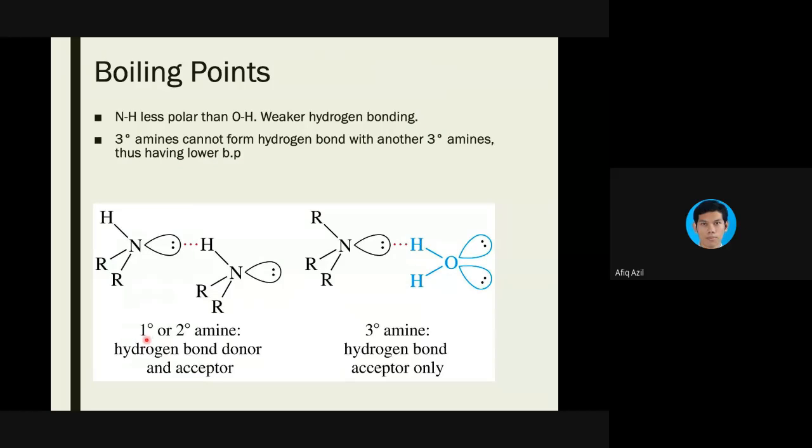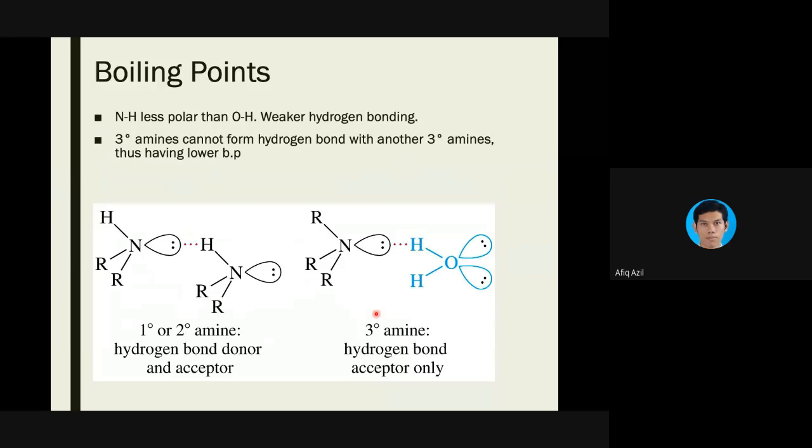Primary and secondary amines have higher boiling points compared to tertiary amines, because when we want to determine the boiling point, basically you are going to heat the liquid compound. From liquid, all of that compound will turn into gas phase, right?